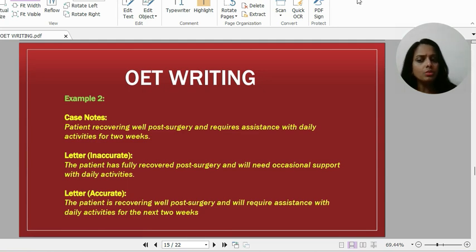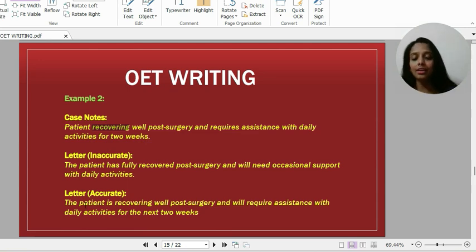And do you know why this one is an inaccurate letter? Because it incorrectly implies that the patient has fully recovered. If you see the case notes, it is given that the patient is recovering, right? Patient recovering well post surgery. There is no mention of fully recovered, and also it downplays the level of support needed, suggesting only occasional support with daily activities, whereas in the case notes it is mentioned as assistance with daily activities for 2 weeks.